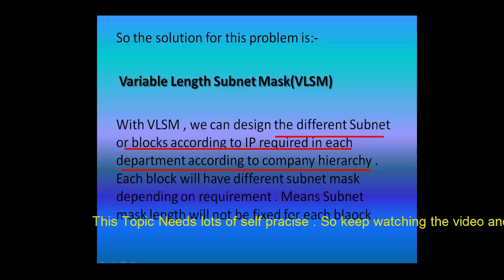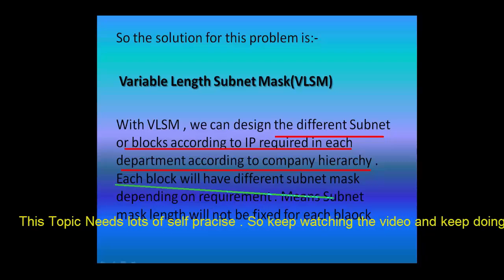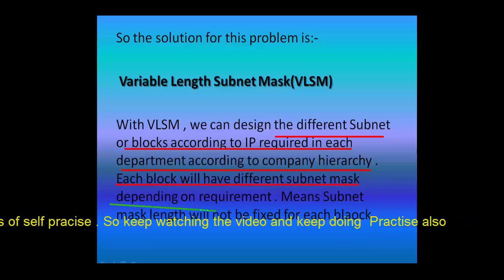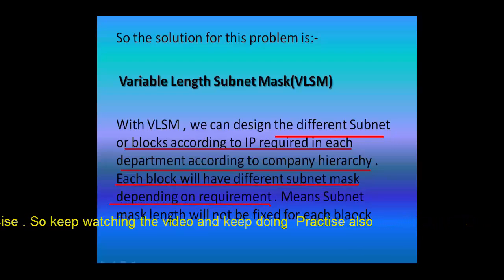So each block will have a different subnet mask depending on the requirement. In FLSM, the subnet mask was fixed for all the blocks, but in this case we design a different subnet mask for different blocks according to the requirement.